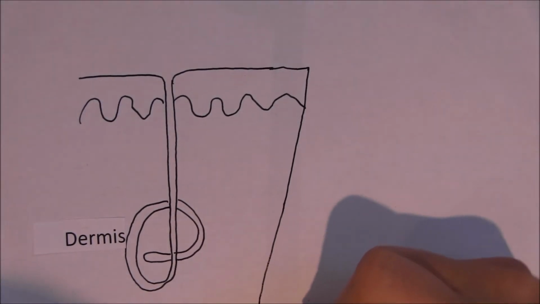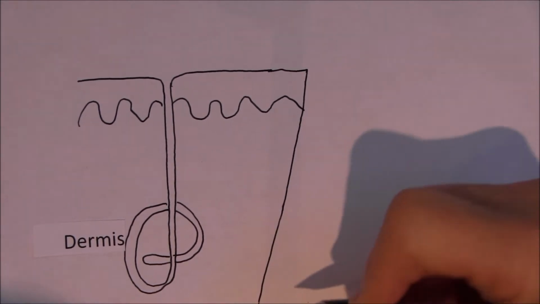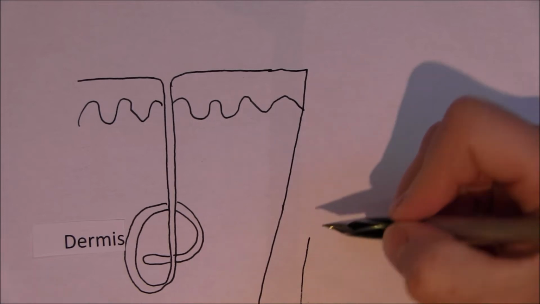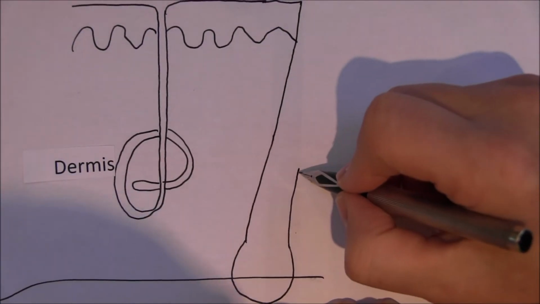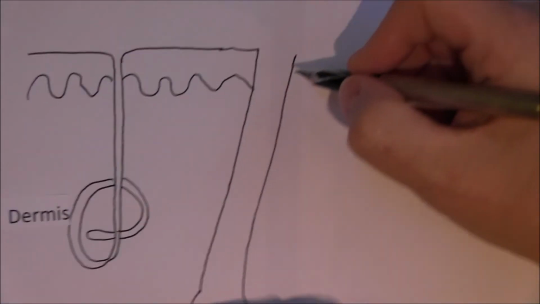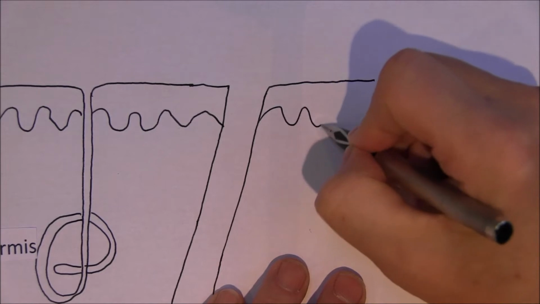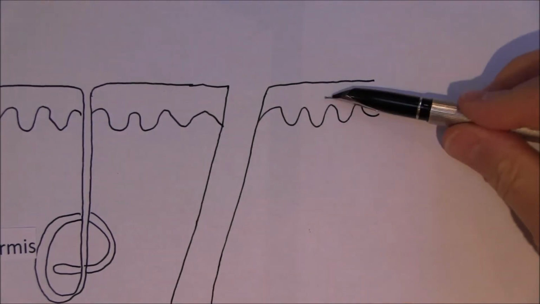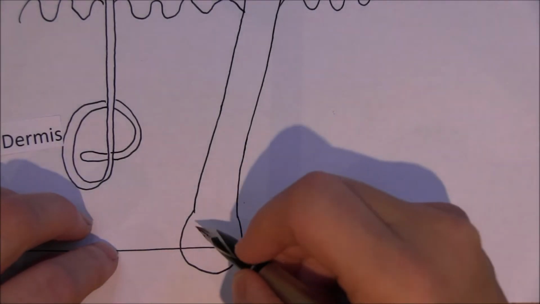These can go way down, actually, even sometimes to the hypodermis, the hair follicles. So here's a hair follicle. And the wavy line between the epidermis and the dermis, and the hair root is going to be down here.